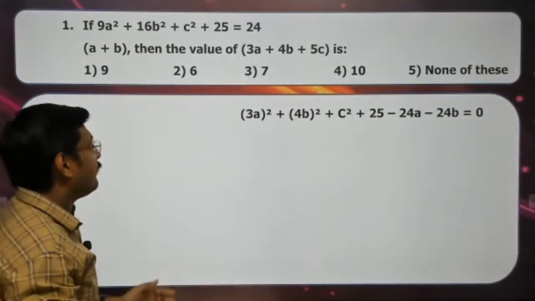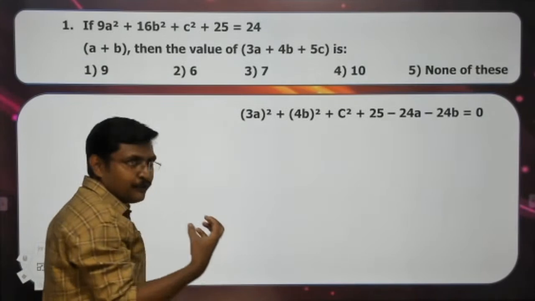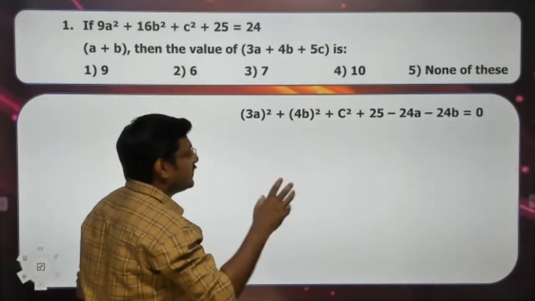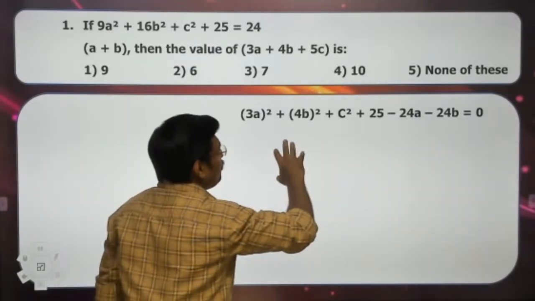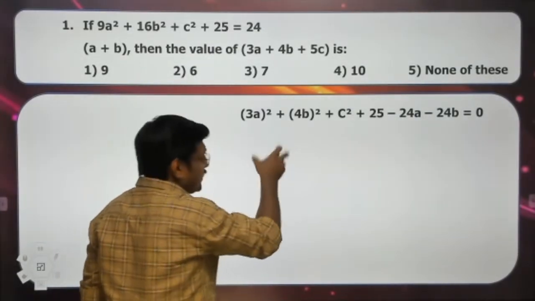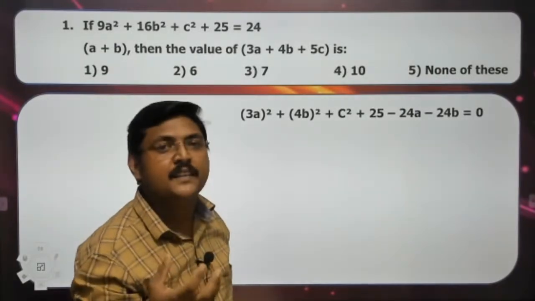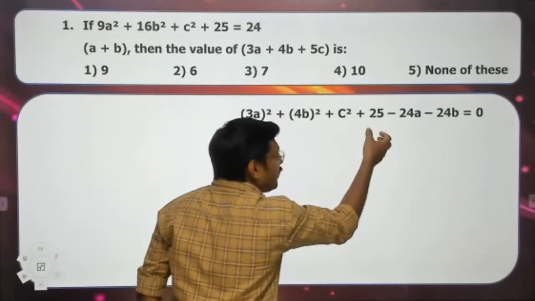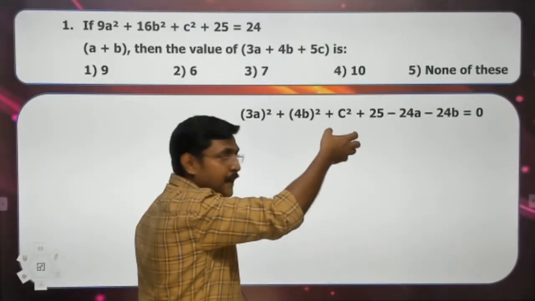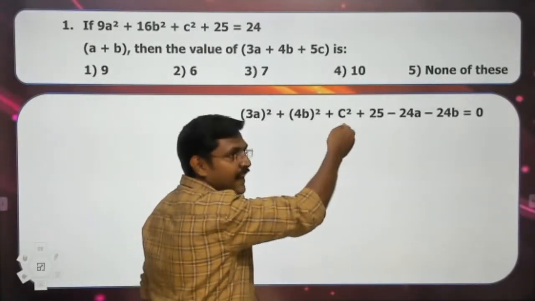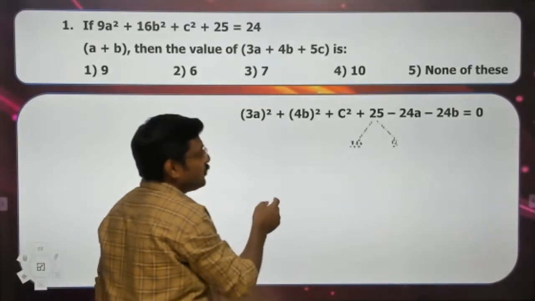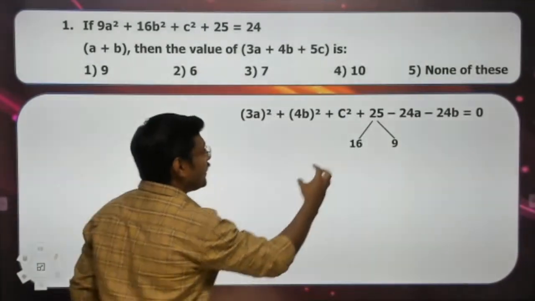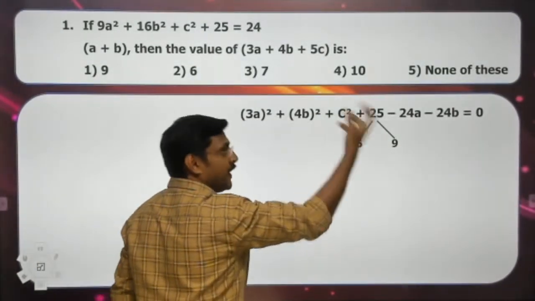After that, in order to find the values of a, b and c, we need to solve like this. Listen, I am going to make it in the form a plus b the whole square. In order to make that, I am going to split this constant 25 into two parts, that is 9 and 16. You can see here, 16 and 9. After that I am giving the 16 to one set and the 9 to another set.